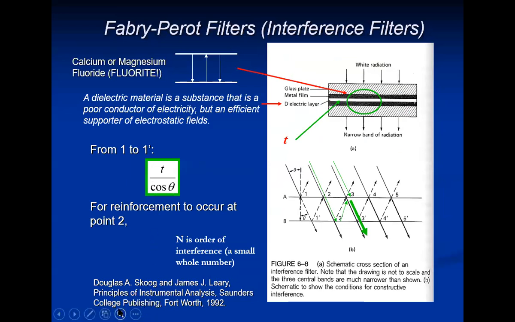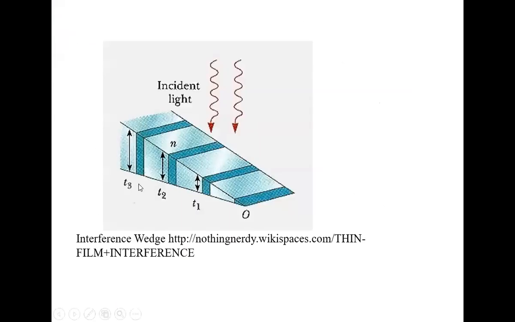This equation is commonly used in optics, knowing that T is 2D. Are we together there? Normally you would see this out at T3, T2, T1, until you have 0 here. So that distance is varied, like a wedge. If light strikes that particular position, or any other position, then it's reflected at different angles. That way, you have chosen various wavelengths.